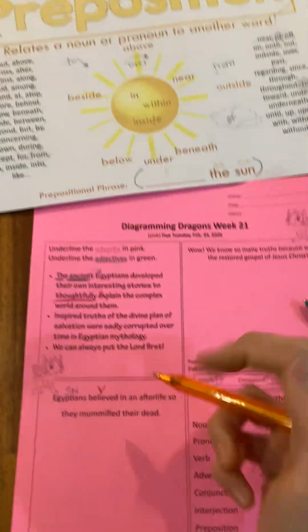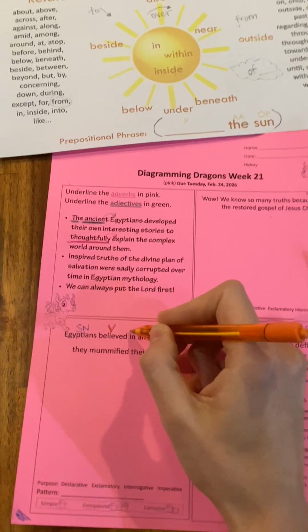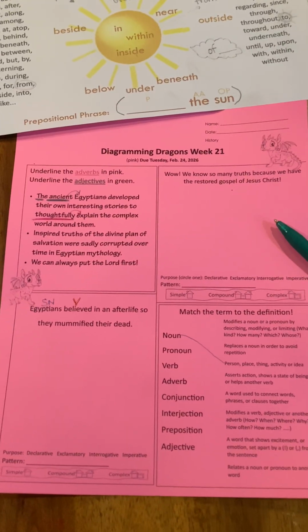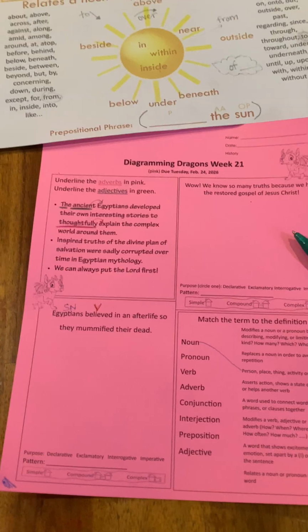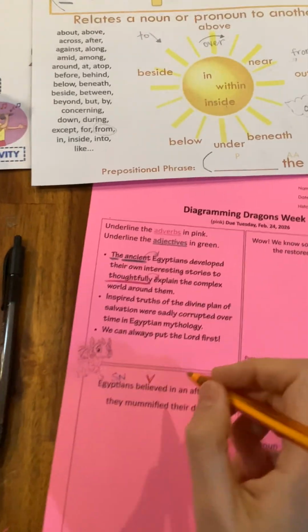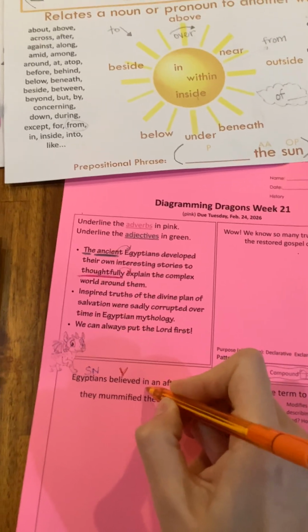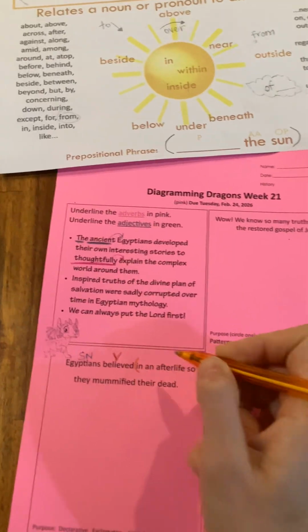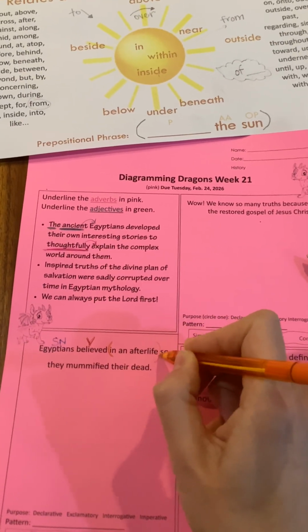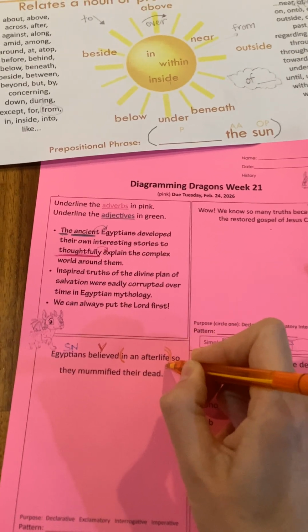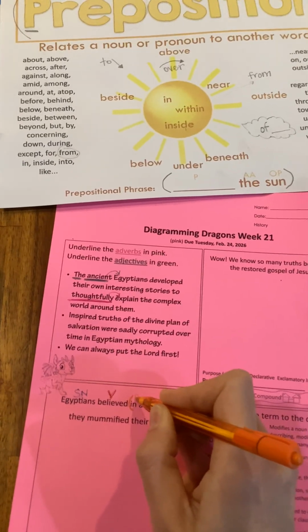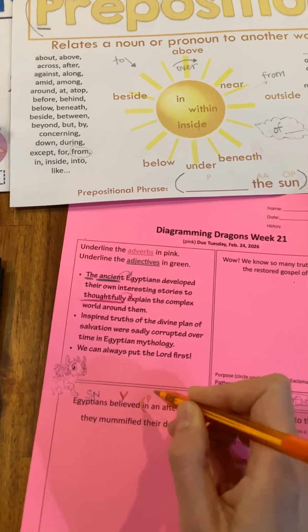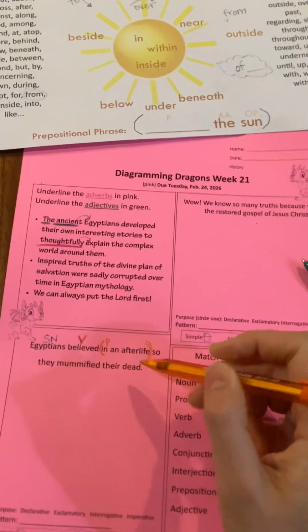So let's put that. If you have a yellow or an orange, then you can use it. If not, then just use a different color or your pencil. "In" is a preposition, and I'm going to put this into parentheses. In an afterlife. So we know "in" is P for preposition. So above the "in," put a letter P. And afterlife.